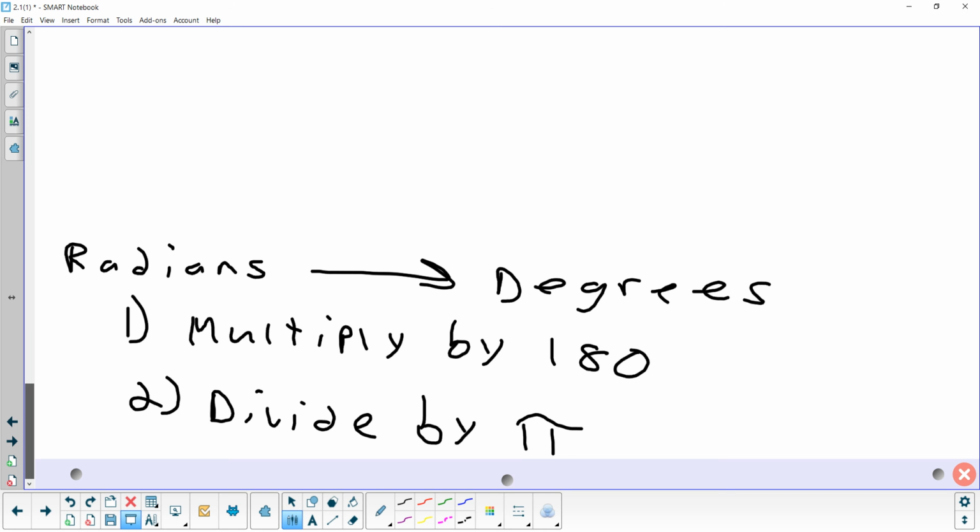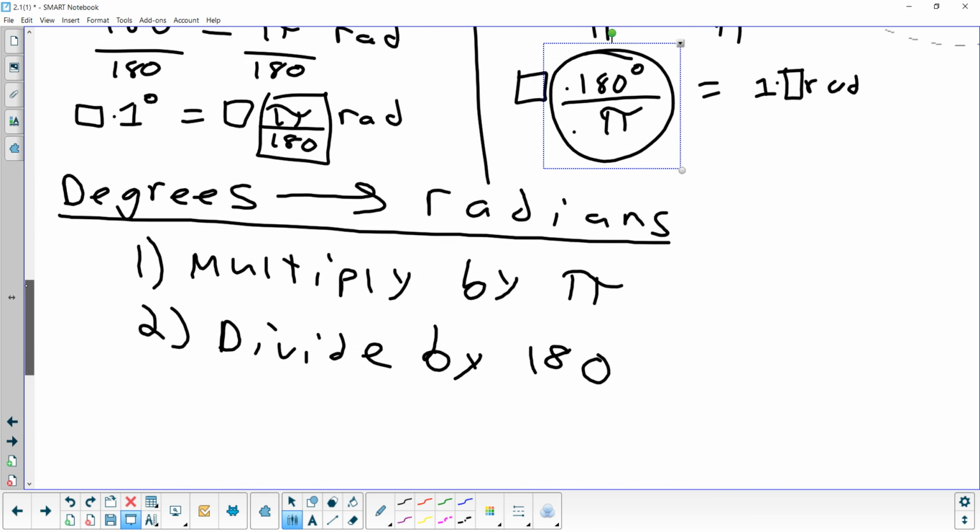Now those two steps are very similar. One of them is multiply by 180, one of them is divide by 180. So it can be kind of easy to mix them up. Well, I have a way you can remember them, and you don't even really have to memorize this or that.